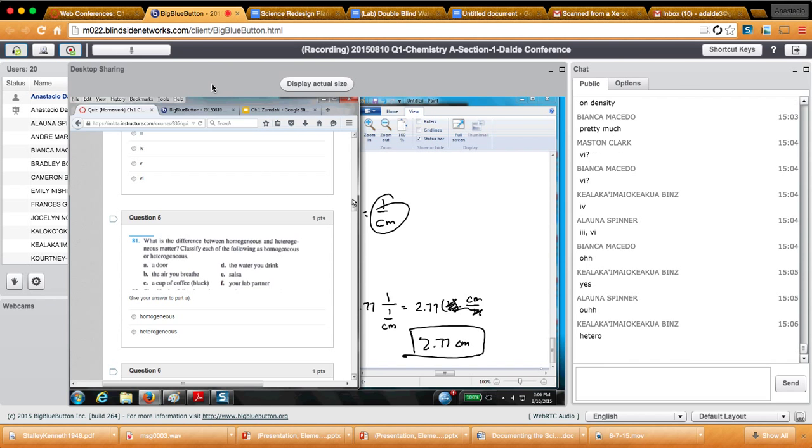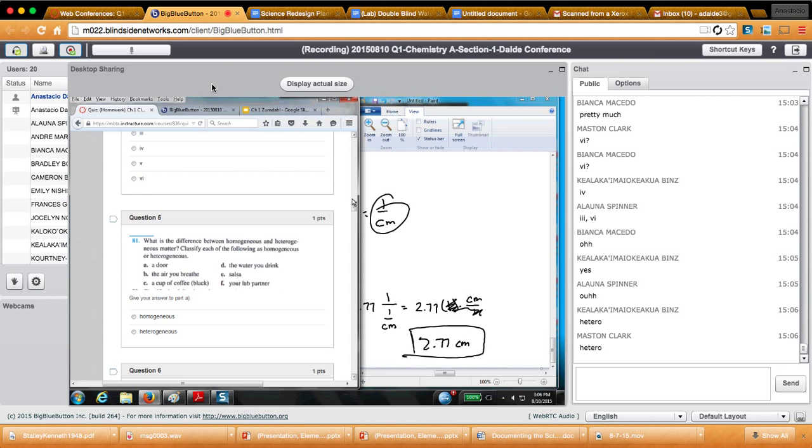I say it's hetero. It's heterogeneous. Right? Because the door is comprised of different things. It's not just this constant mixture, right?